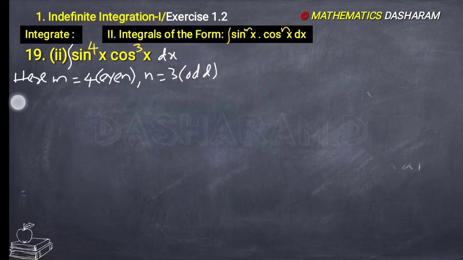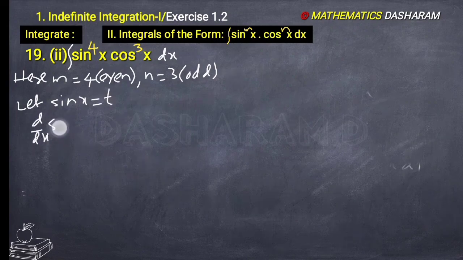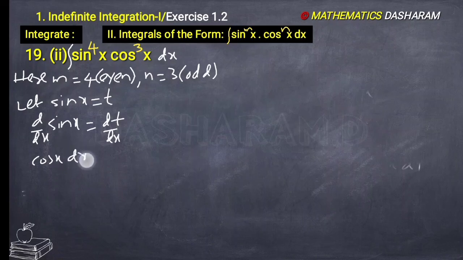So if n equals 3, an odd number, then substitute sin x equals t. Now do the derivative on both sides with respect to x. It is equal to dt by dx. The derivative of sin x is cos x, and dx transposes to the left side, dt.